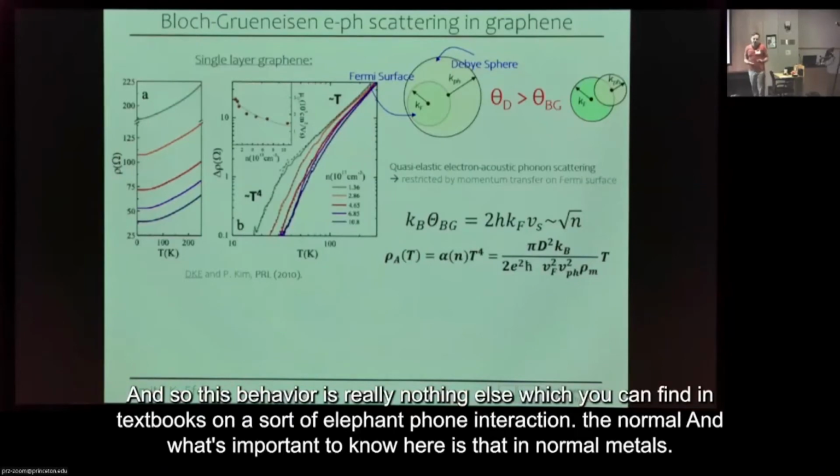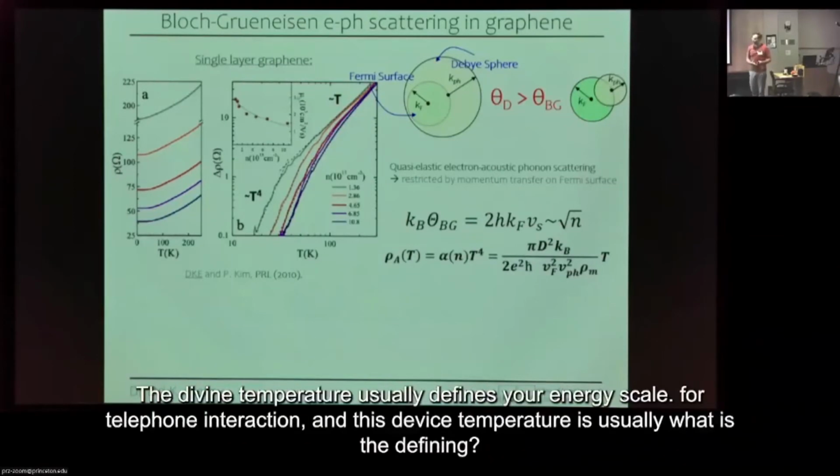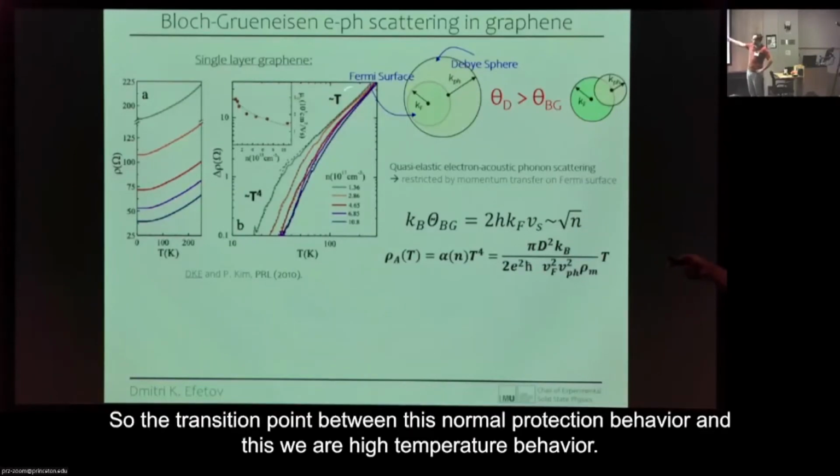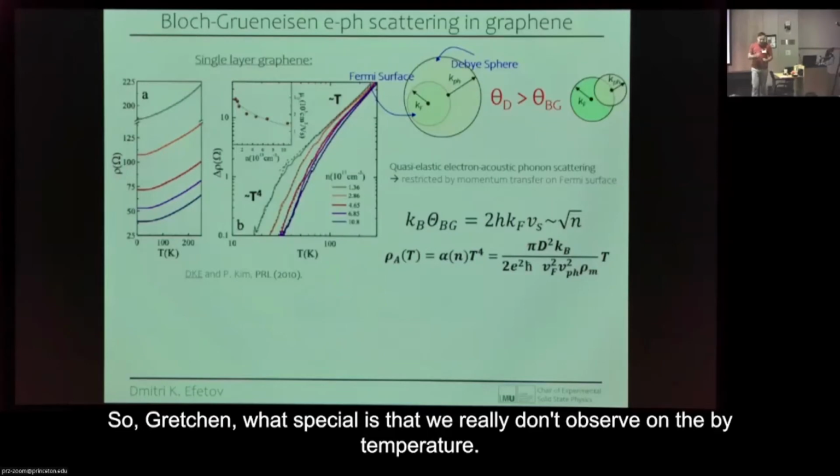What's important to know is that in normal metals, the Debye temperature usually defines the energy scale for electron-phonon interaction. It is usually what defines the transition point between this power law low temperature behavior and this linear high temperature behavior. In graphene, what's special is that we don't observe a Debye temperature, but a reduced Debye temperature, the so-called Bloch-Grüneisen temperature.